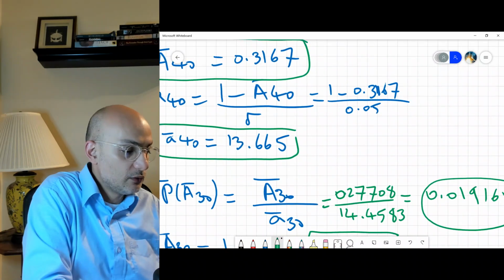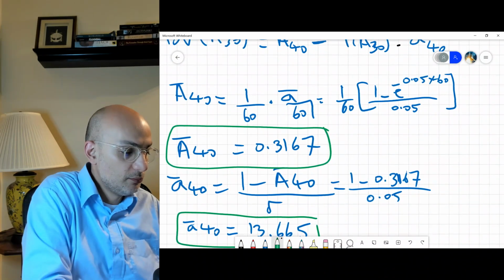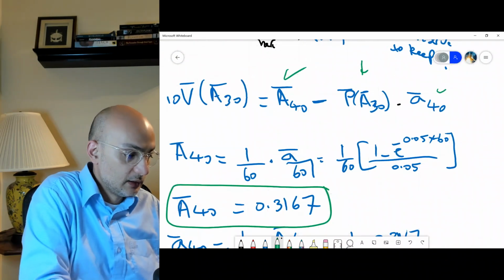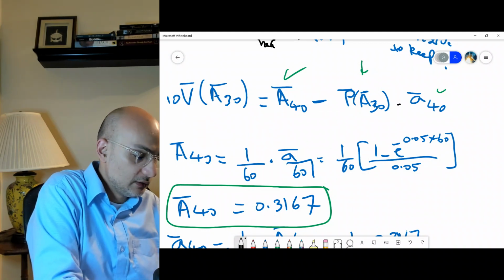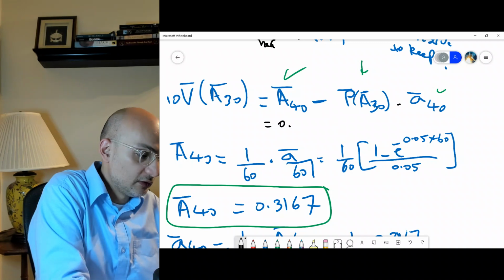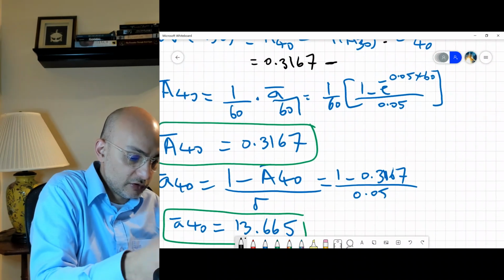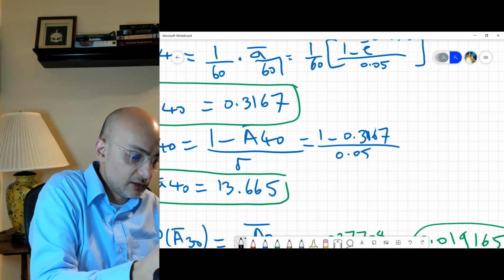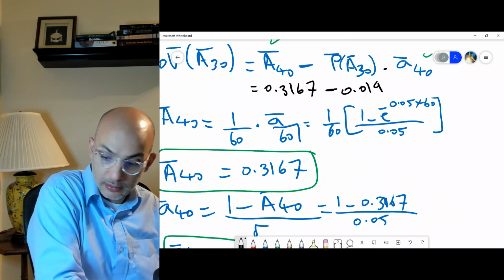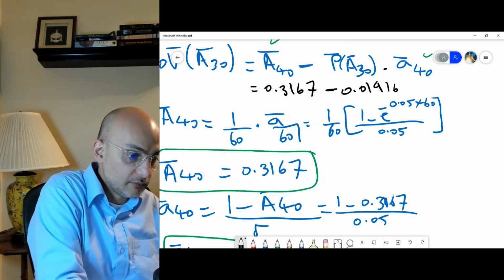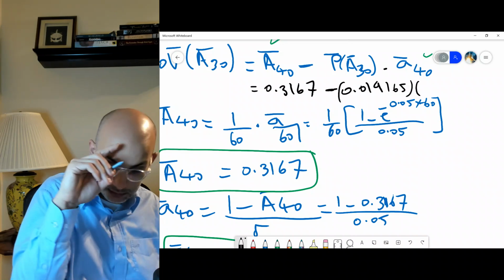We go back to our equation. We got all pieces now to calculate this one. So now let me use a different color here. So A40, which is 0.3167, subtract from it, we just calculated it a second ago, 0.19165 multiplied by A40.